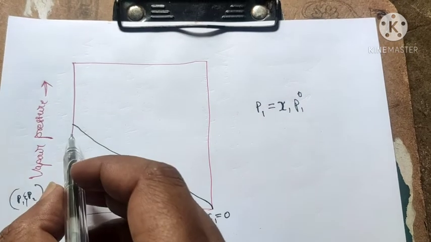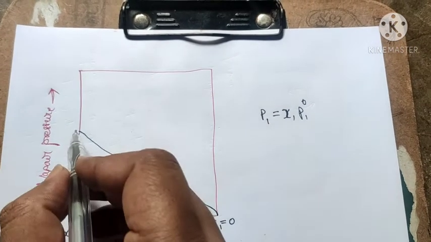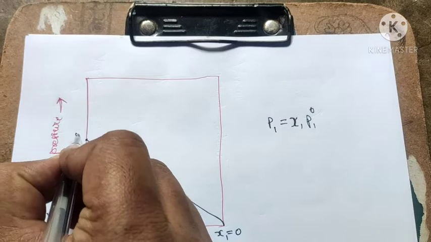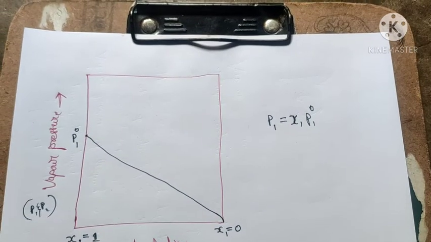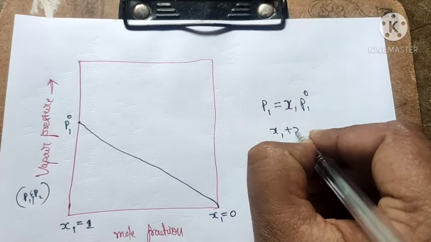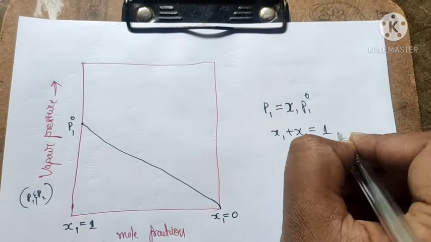This is the point we call x1, and this is P1 naught. We already know one equation, x1 plus x2 is equal to 1.